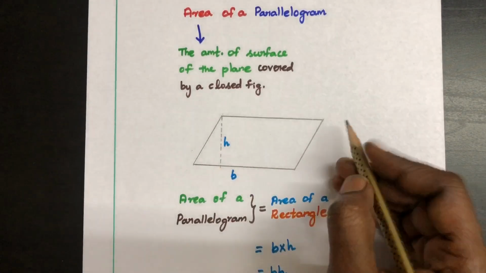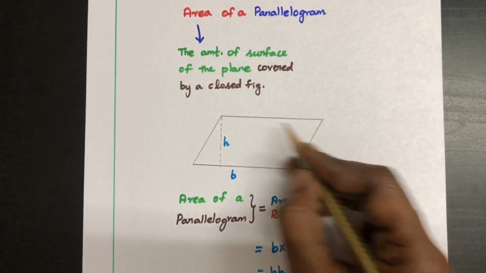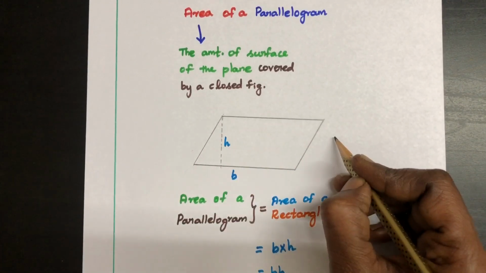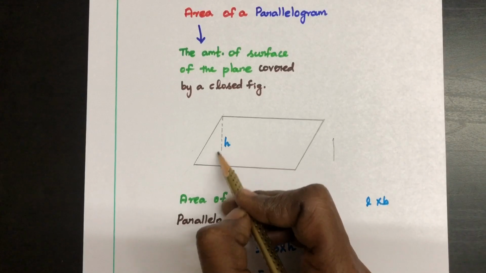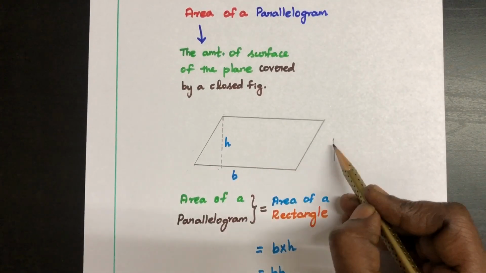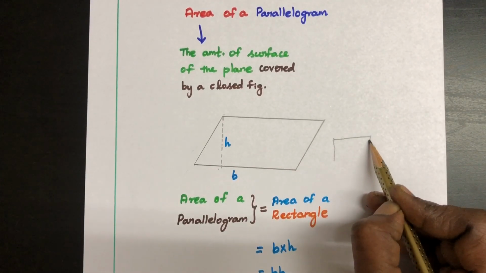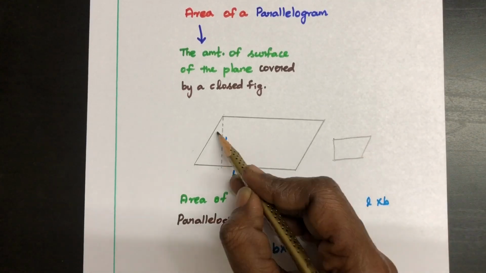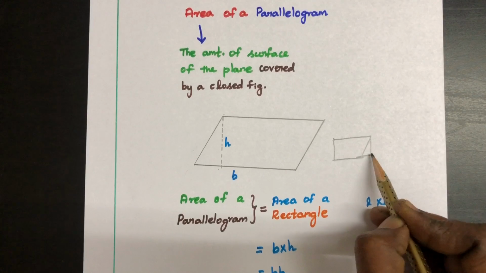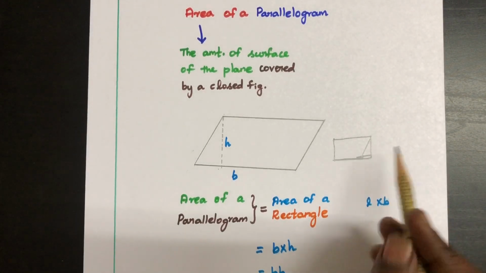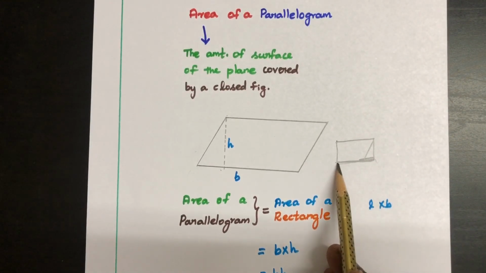If you cut, this side will be a straight perpendicular line. This will remain as it is, and if we paste the cut portion here, it will be like this. So it becomes a rectangle, correct?